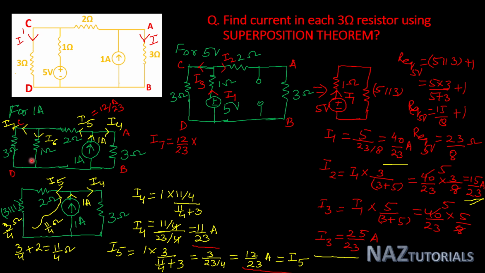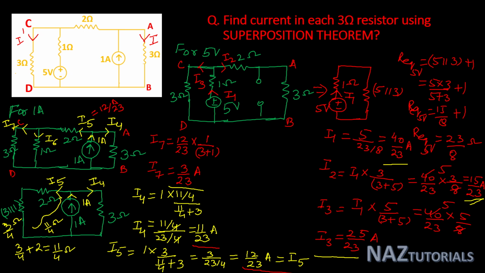So we calculate I7 to opposite branch resistance is 1 ohm. 12 by 23 into 1 divided by total branch is 3 plus 1. So this is 4, 4 3s are 12. So this I7 is 3 by 23 ampere. So here we find all the branch current by each source acting alone.